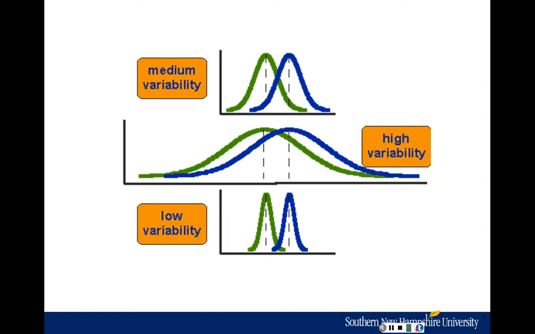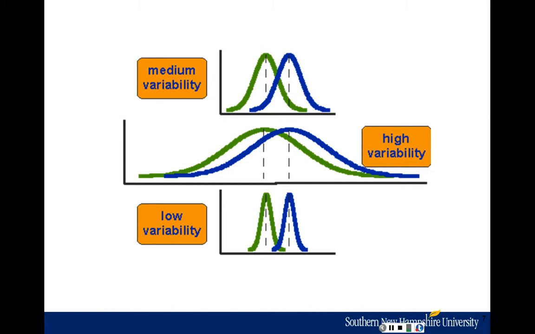Okay, so I just want to show you the impact of variability here. Just take a look at the very bottom picture, the low variability picture. You have 2 normal curves, the green and the blue, and in the low variability scenario, the data are very clustered right around that mean. So there's not a whole lot of spread in the data, and you can see that the 2 peaks, blue and green, are quite separate from each other.